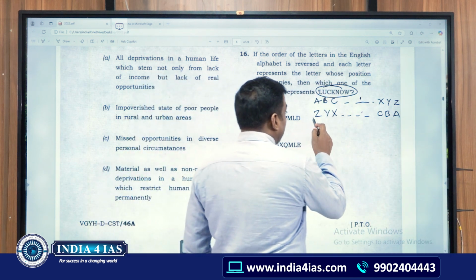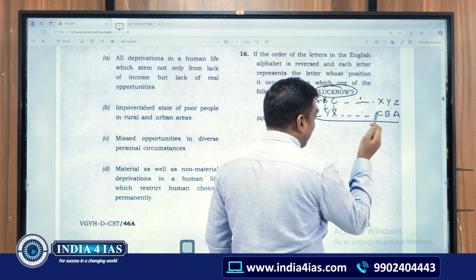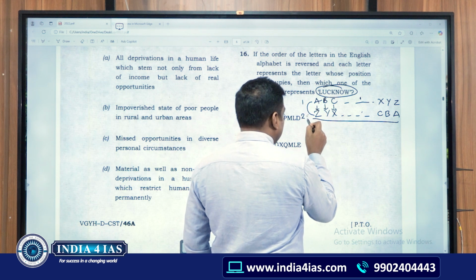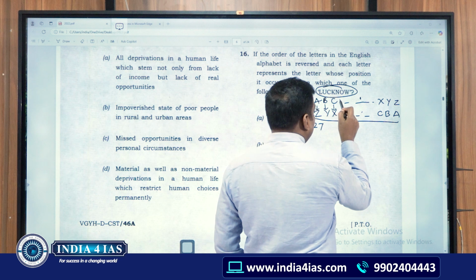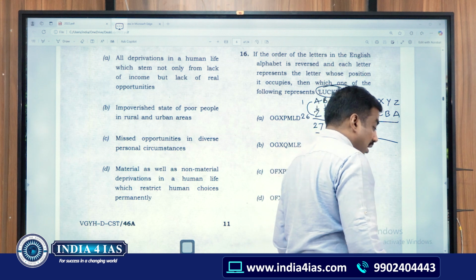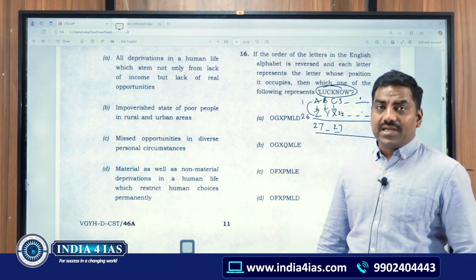See, in this one, this will replace this, or vice versa. But look at the sum. A is 1, Z is 26, so it is 27. Similarly, C is 3, X is 24, 27. So what we have to look for here is our original word and the word that is formed later.